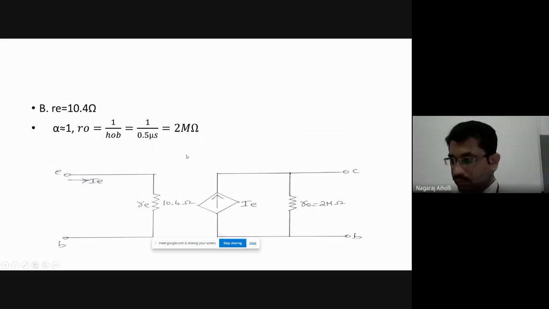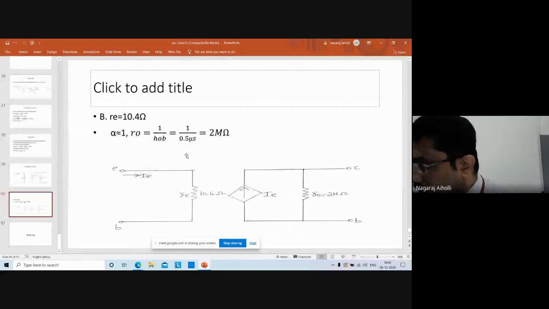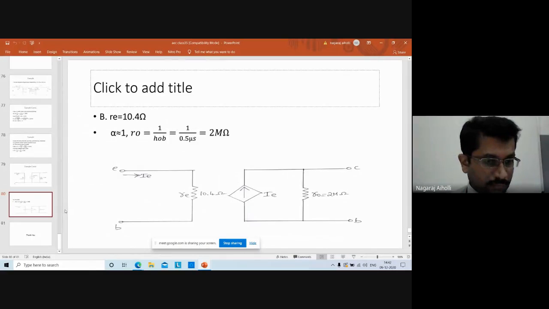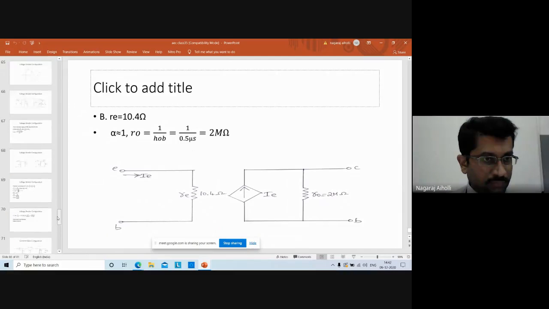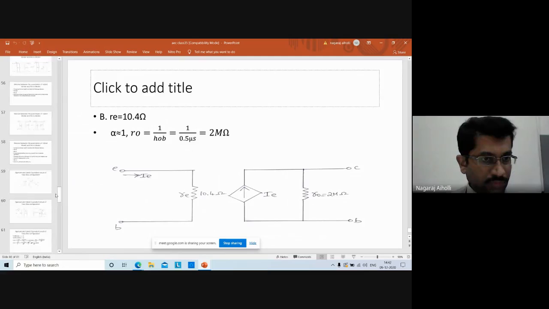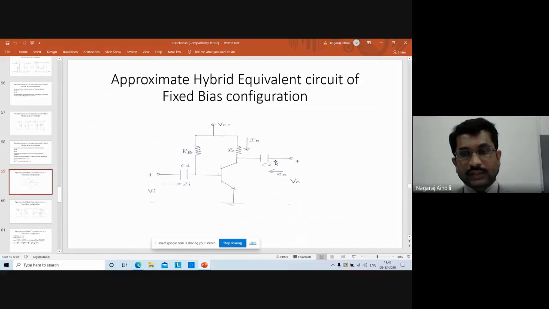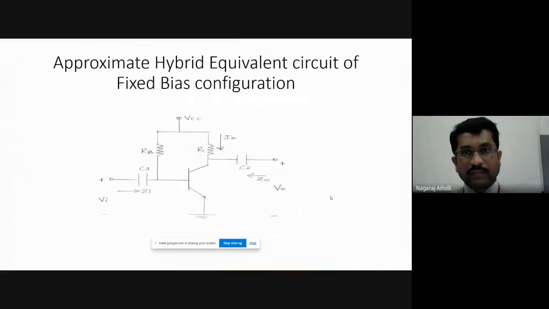So this is question number 13, the common emitter hybrid model and common base RE model. Let us move on to question number 14. The approximate hybrid equivalent circuit of the voltage divider bias configuration is asked.